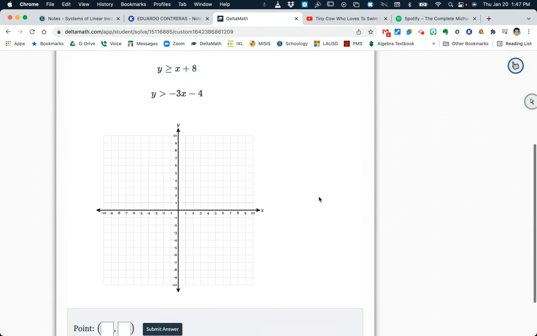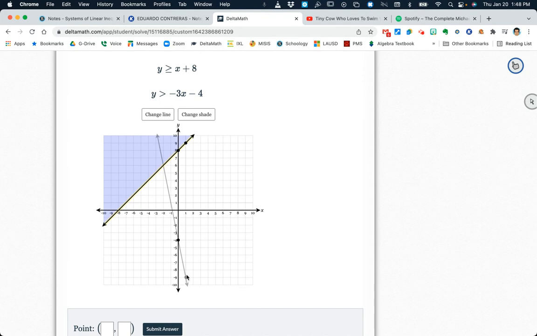Okay. So let's graph the first one. I'm going to put a point at 8. And then here's our line. Then it says, do we want to change the line? Actually, we don't. We're going to shade everything there. So I just did the first line. Now I'm going to do the second line at -4.